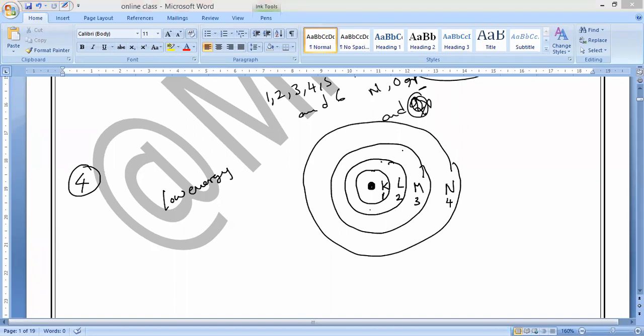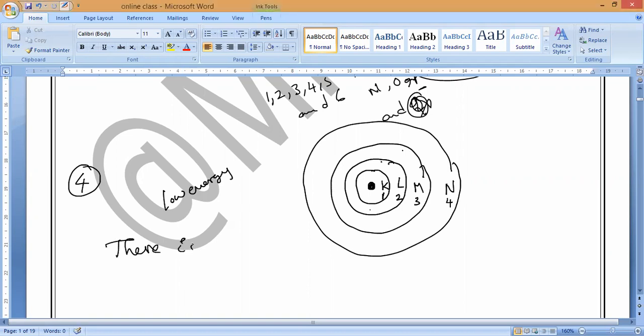So how to fill the maximum number of electrons? That is what the fourth point says.